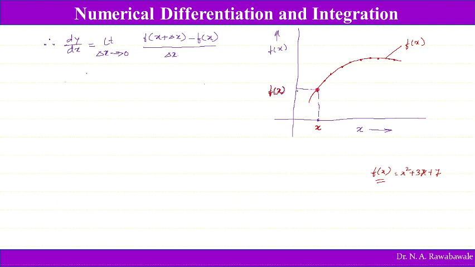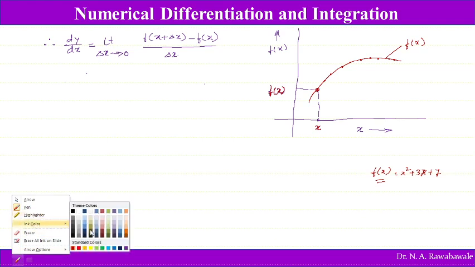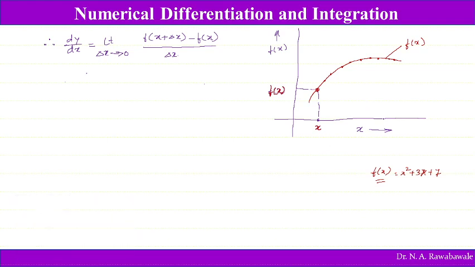Now when we change this x to x plus delta x, the new value of the independent variable is x plus delta x, and corresponding to this, if we plot a point here, the function value is going to be f of x plus delta x. So this is how it is represented.